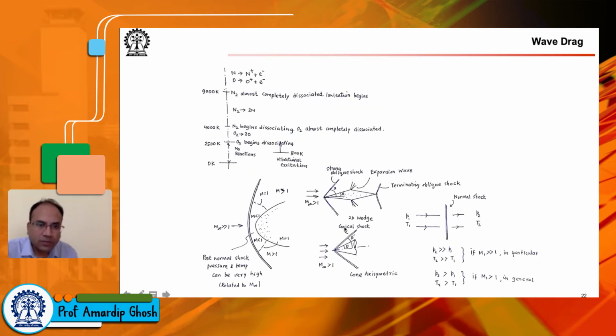This is something that we have touched upon briefly in the previous page. I do not want to get into these discussions. So this is something that we will talk about when we deal with high temperature gas dynamics. Right now, it is just present there because it's an introductory course. We oftentimes do not get a chance to talk about things.